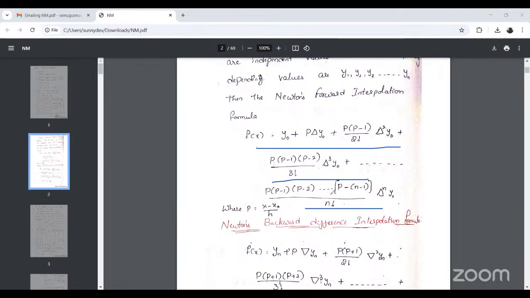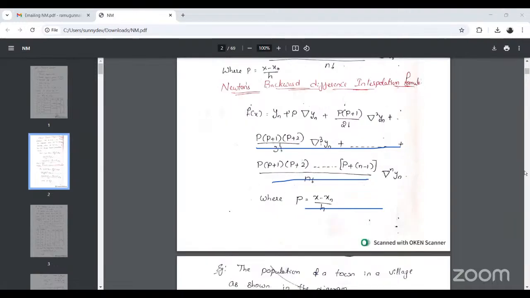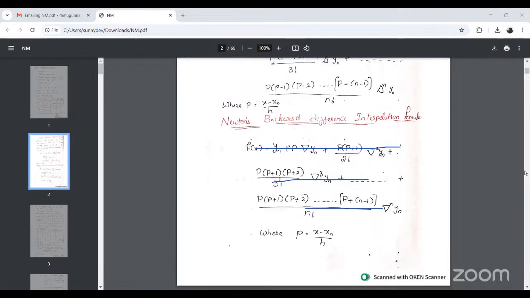So this is Newton's forward difference formula. Next, come to Newton's backward difference formula. You should remember this formula.